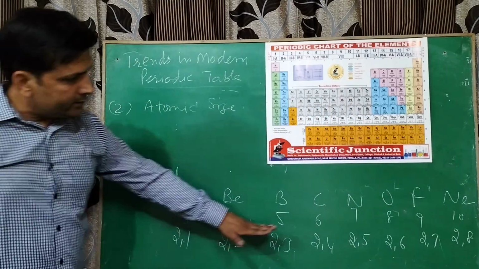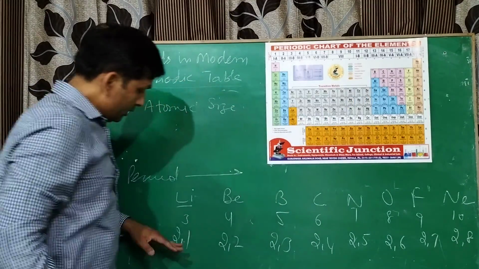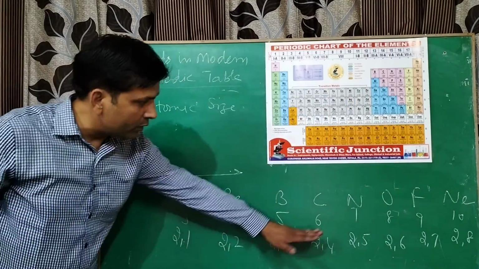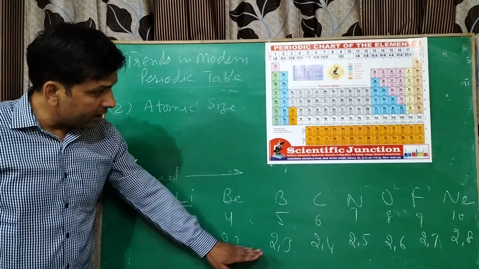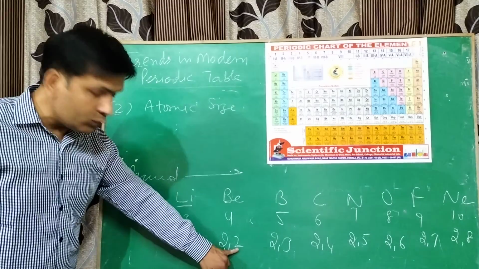What is common in all these? When going from left to right, they all have the same number of shells. And what is the difference? The difference is in the number of electrons.